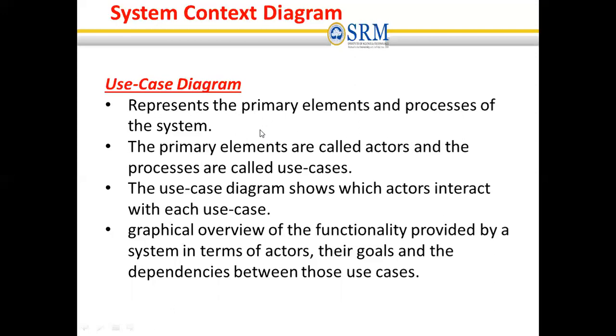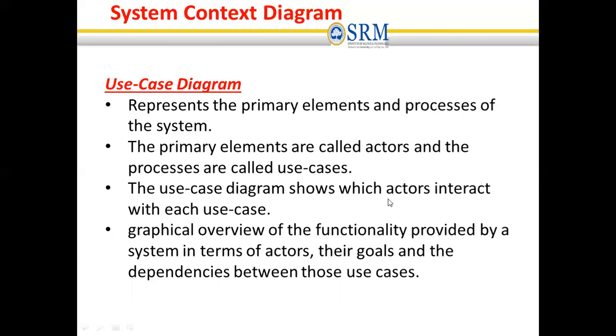The use case diagram shows which actor interacts with which use case, or in a particular use case, what all the actors present in the system are and how they interact with the system entities. Hence, use case diagrams give a graphical overview of the functionalities provided by a system in terms of the actors and their goals.